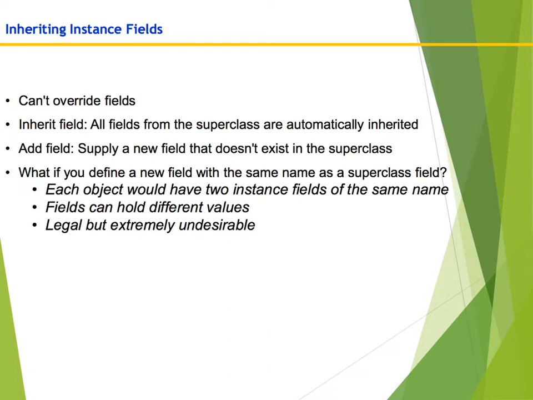But the question that may arise is, what if you define a new field with the same exact name as a superclass field? In this case, each object would have two instance fields of the same name, one for the superclass, one for the subclass.